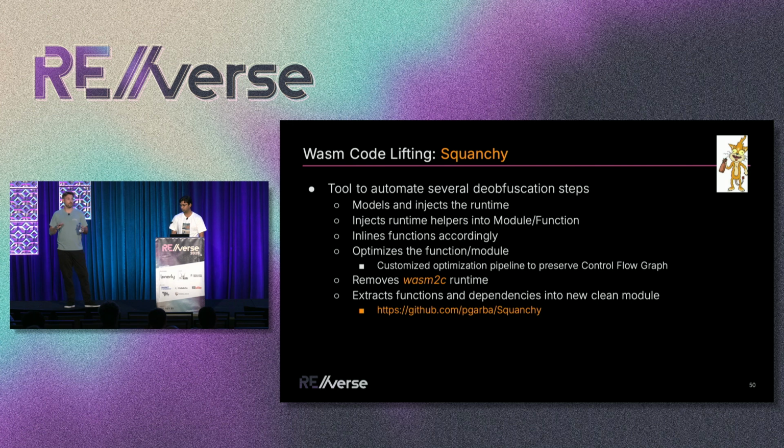But later on, we will do harder optimizations that also handle the control flow graph. It tries to remove the Wasm-mutate runtime from the module, so you get a clean output. And it expects the function and its dependencies in a new clean module, so you can easily process it further. You don't need this loaded code. It's not there. And it's open source. After the conference, we make it available, so if you would like to play around, you can use it.